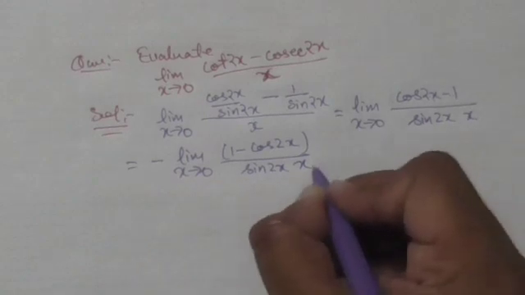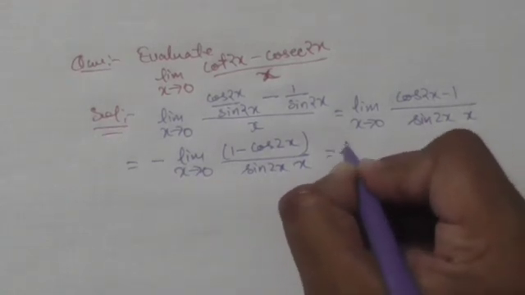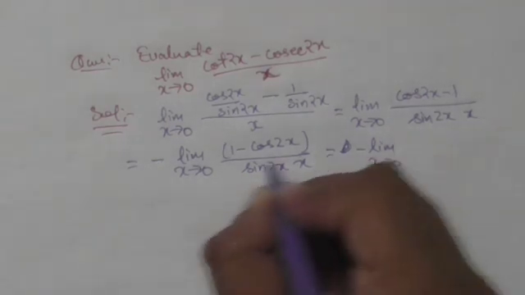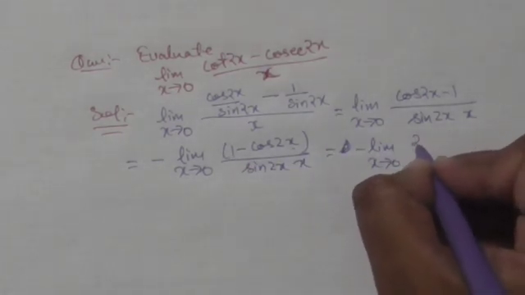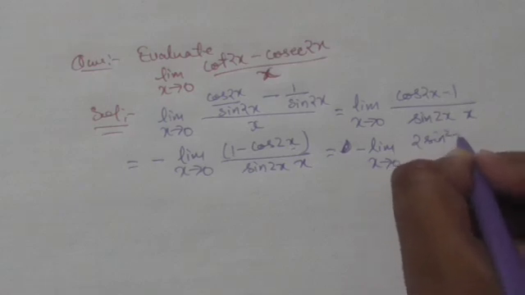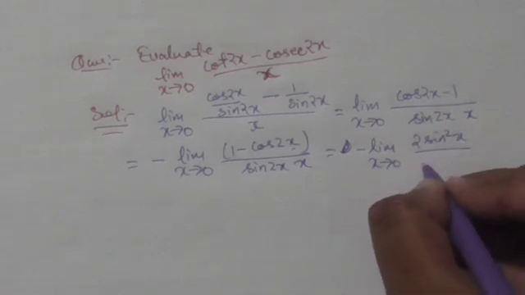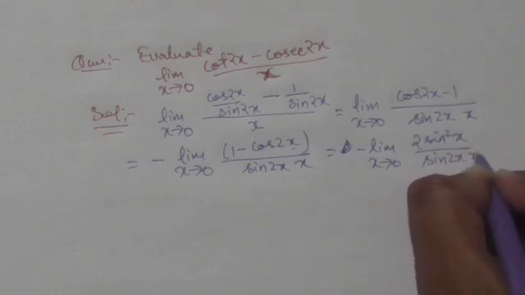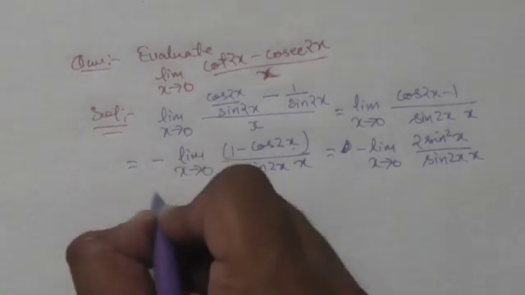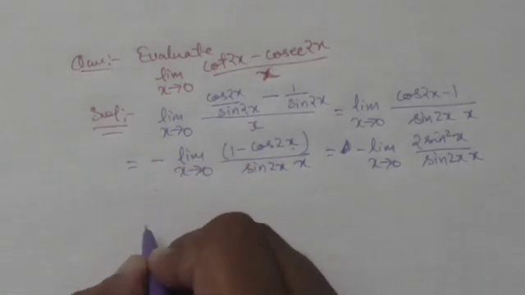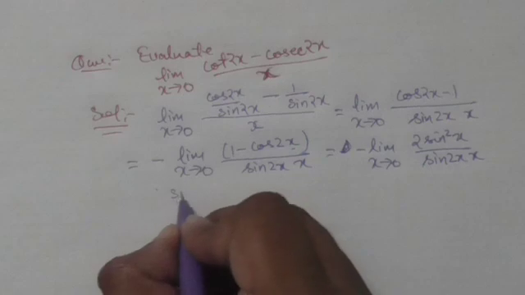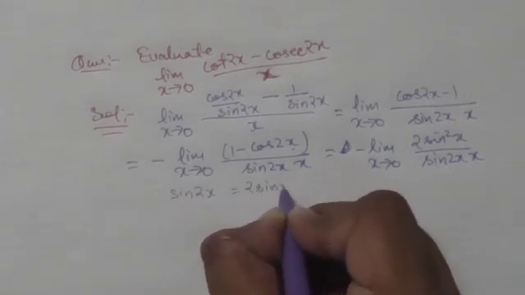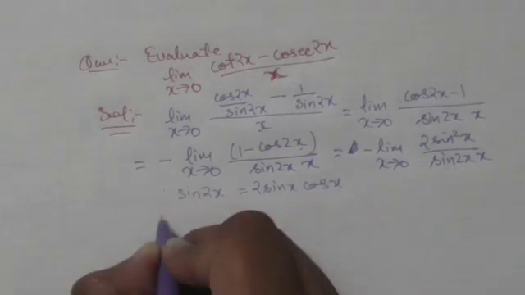So it will be equal to minus limit x tends to 0. 1 minus cos 2x is what? It is twice sin square x upon sin 2x into x, right? Now what is sin 2x? The sin 2x is equal to 2 sin x into cos x, right?